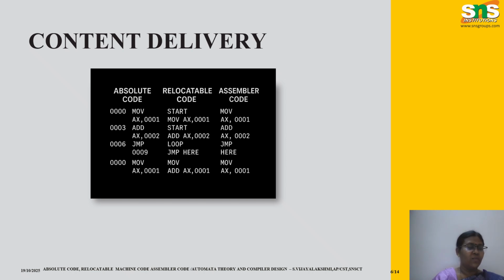Then assembler code is a symbolic language, that means a human readable form. The assembler translates it into either absolute or relocatable code. Example, move AX, 001.